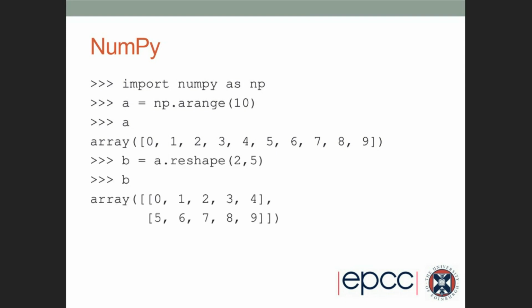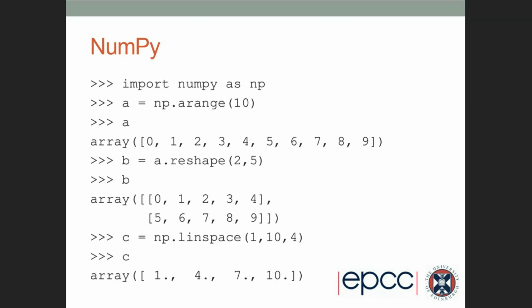We can take a one-dimensional array and reshape it into a two-dimensional array, as seen here. So it takes a 1 by 10 array and turns it into a 2 by 5. And we also have things that provide distributions. In this one, when we pass 1, 10, and 4, it provides 4 numbers equally spaced, starting at 1 and ending at 10. So we get 1, 4, 7, and 10.